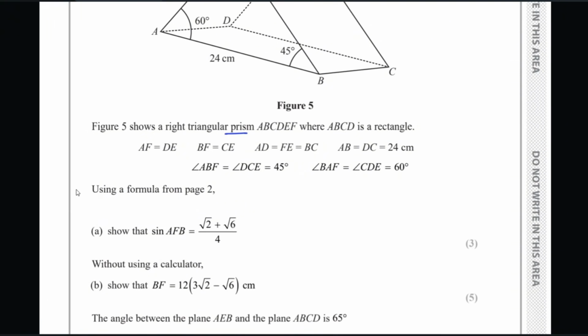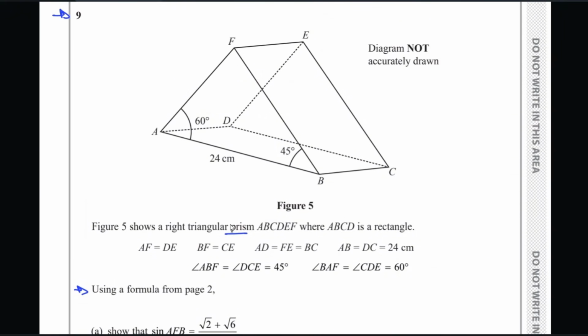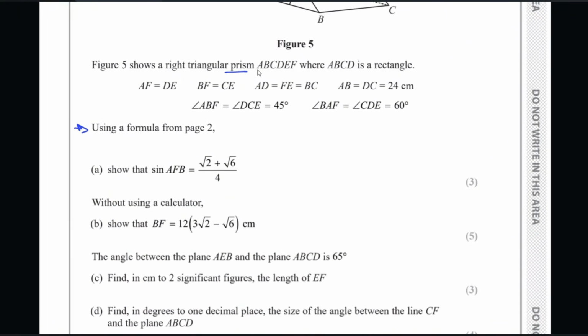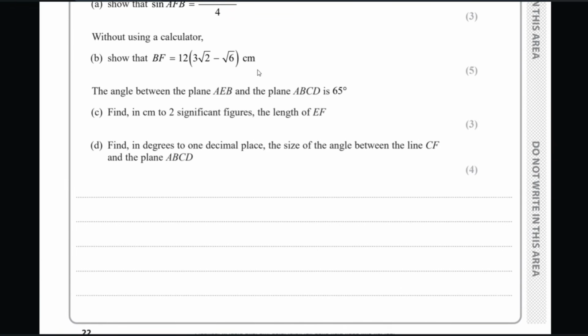Using a formula from page 2, show that sine AFB is equal to this value. Sine AFB, so AFB is here. Since we know the other two angles in the triangle, we can calculate the angle AFB. So let's do that first and see what happens when we have sine in front.